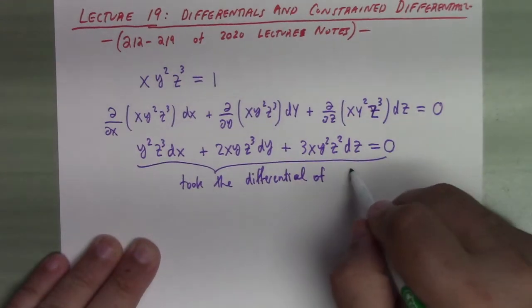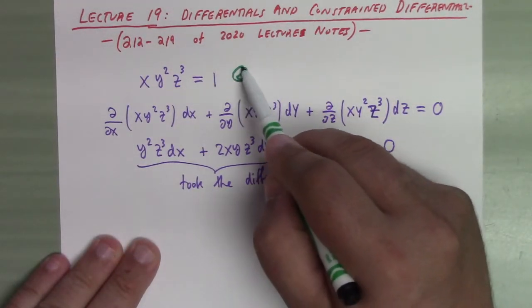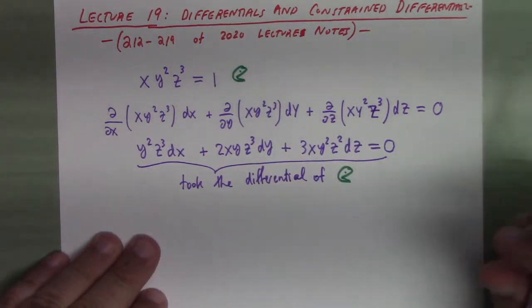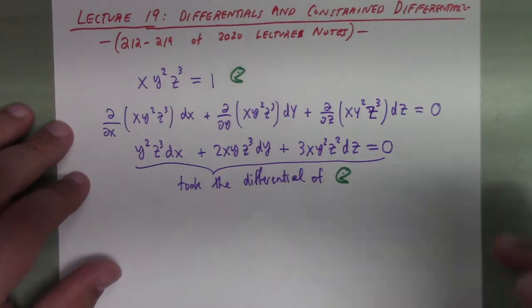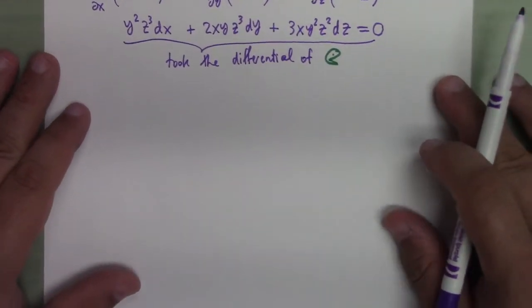Alright, now the cool thing is you can solve this thing for any variable that you like in terms of the other 2, and that will tell you about partial derivatives.